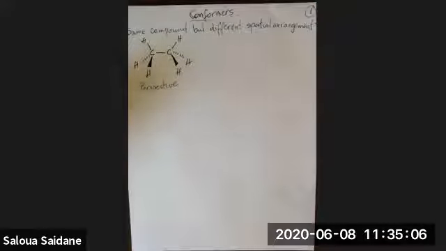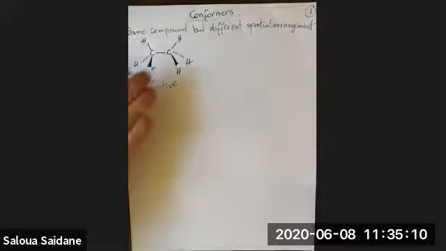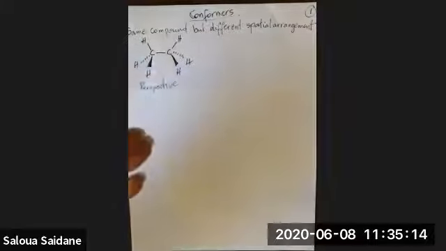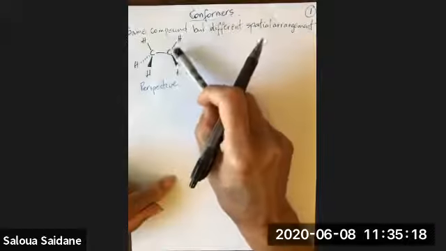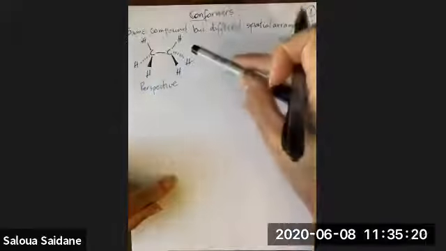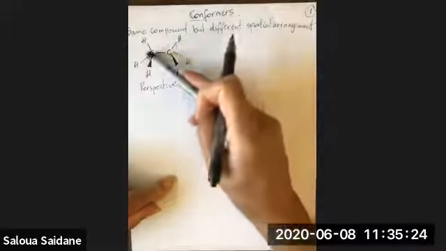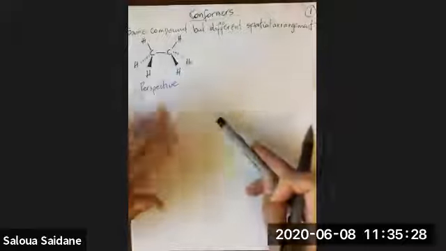So what is a perspective? What do these mean? These two hydrogens are outside the page, in front of the page, so above the page. These two hydrogens with dashed lines are underneath the page, behind the page. And these three bonds are on the same plane as the page.